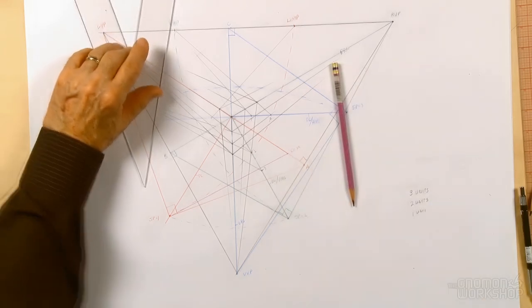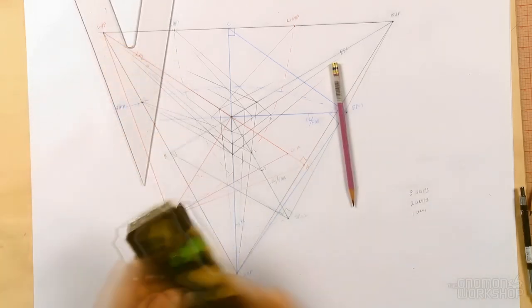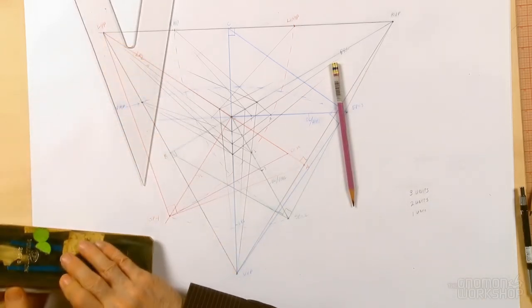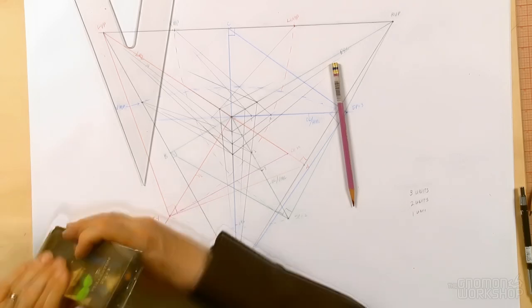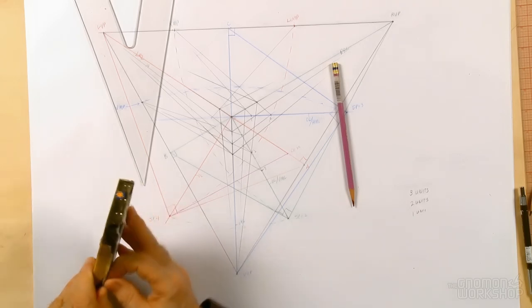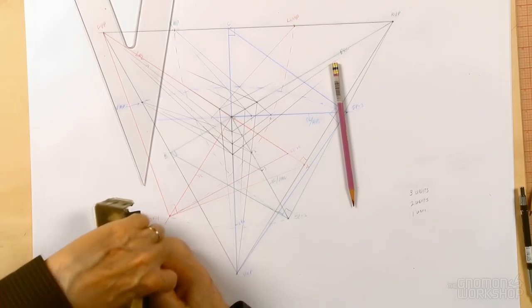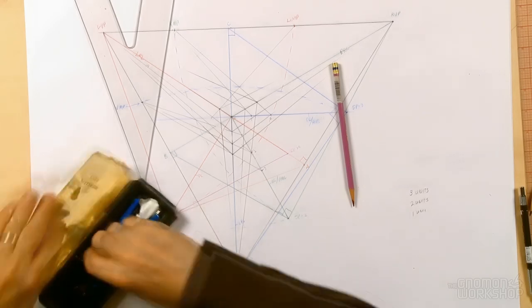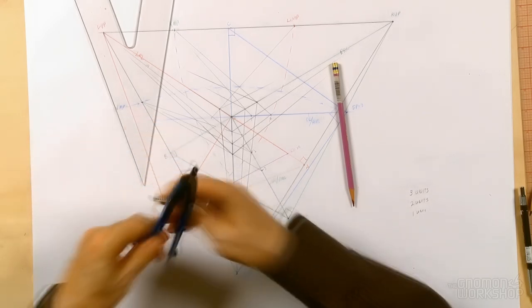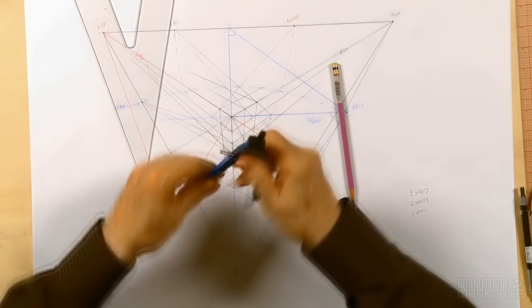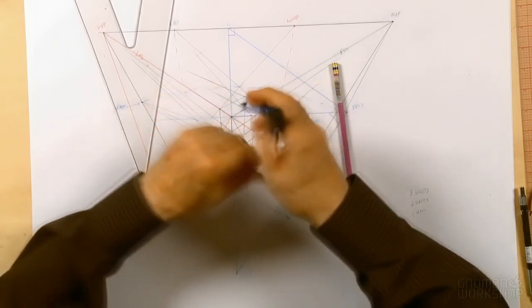Okay, let's see if my compass will open wide enough to make a circle so I could show you what part of this should be in good perspective. Any other buildings or things or streets that I draw will probably be pretty close to the cone of vision because this building is fairly large compared to this.